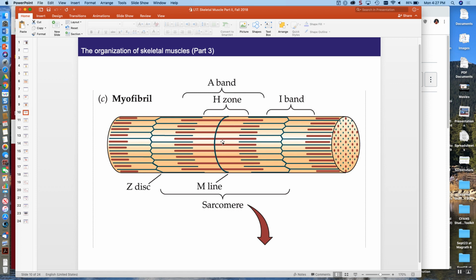The H zone gets smaller and smaller until it disappears. But the A band remains unchanged. Okay? Pulling those Z discs closer together.